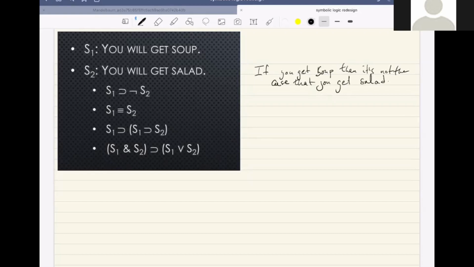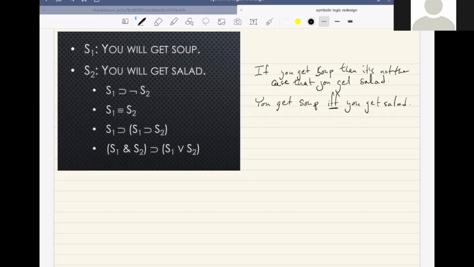Our next sentence will be understood as you get soup if and only if, and this is a philosopher's method for writing in a shorter way, IFF. You get soup if and only if you get salad.